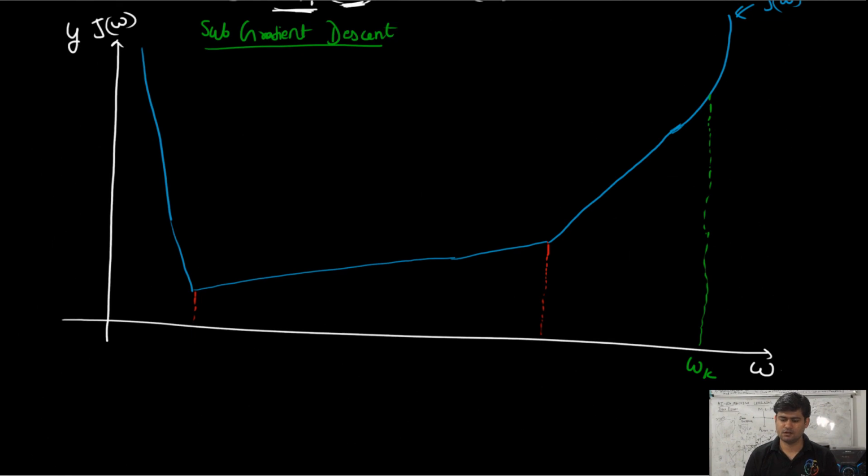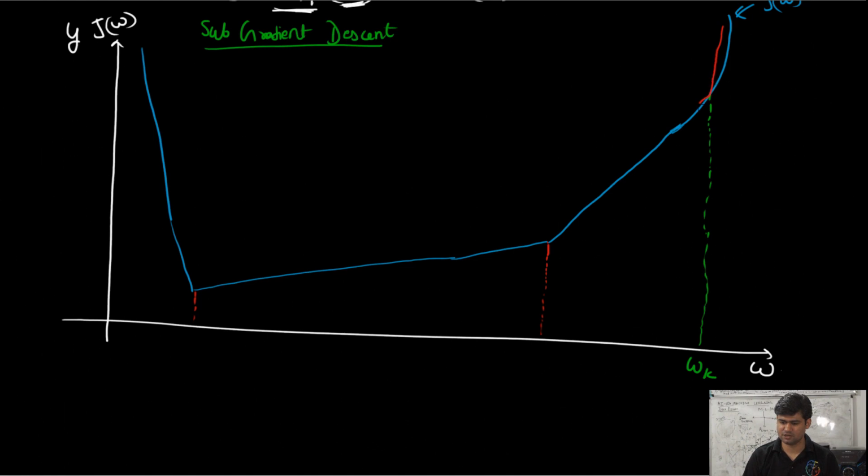So now the goal is to select a function gk that upper bounds this loss function J of W but has the same value as J of wk at point wk. So let's construct this function gk. Let's assume that this is our gk.